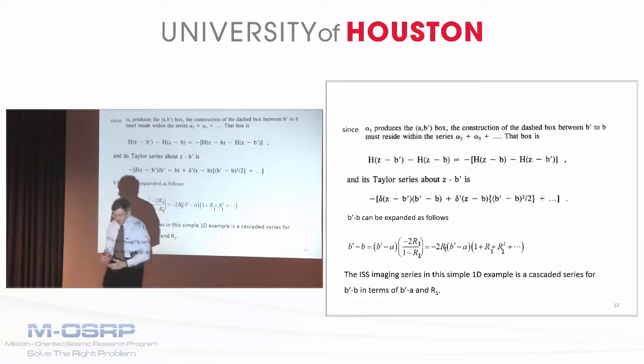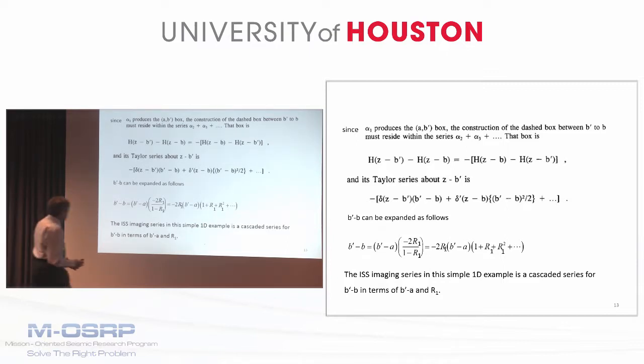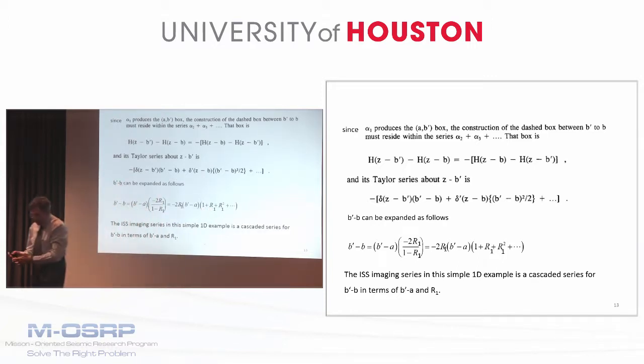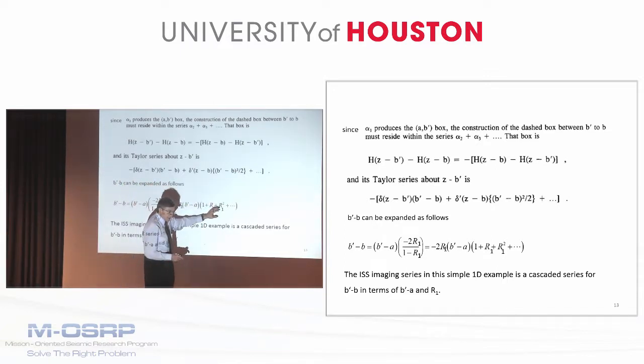So it's cascaded. So when you see Simon Shaw, LOIS, right? Leading order imaging series. What he did is he took within each of these a first order in R1. When you have Professor Feng Lu doing higher order, he's taking within each of these b prime minus b a higher term. You understand?